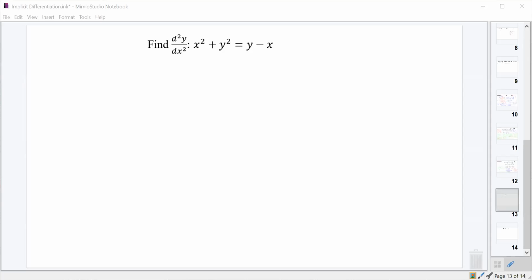So if we want to find a second derivative of an implicitly defined equation, what do you think we need to do first? Find the first derivative. So to find the first derivative, we take the derivative of both sides with respect to x. This should be a pretty straightforward one since I didn't give you anything complicated in that.